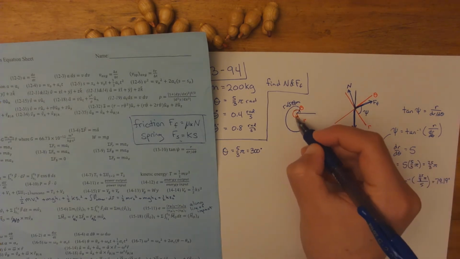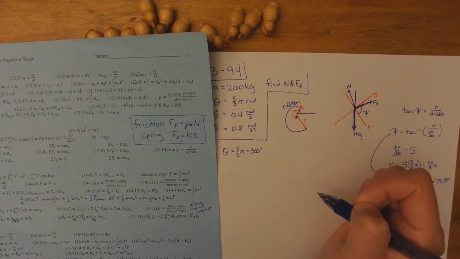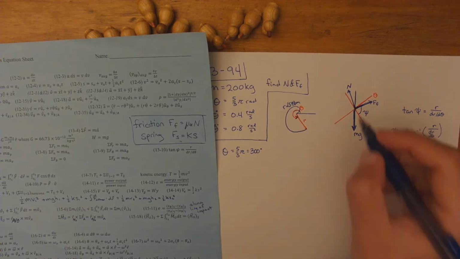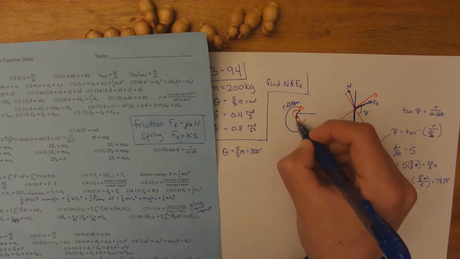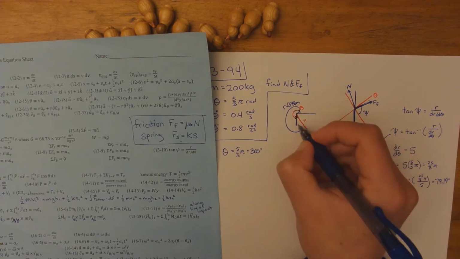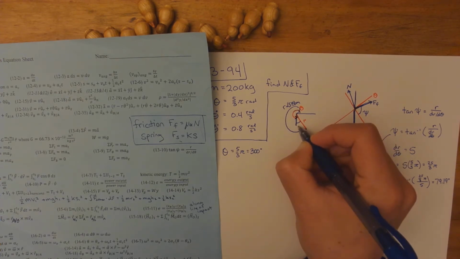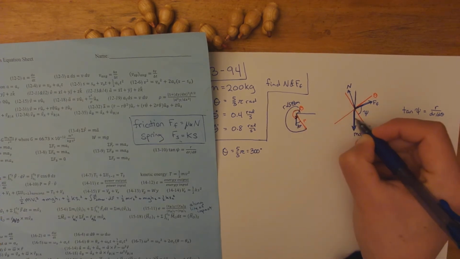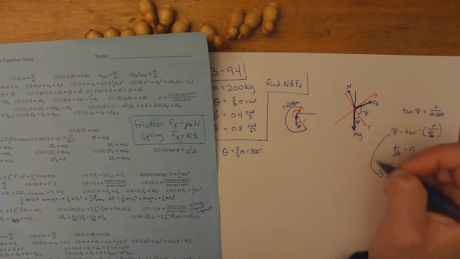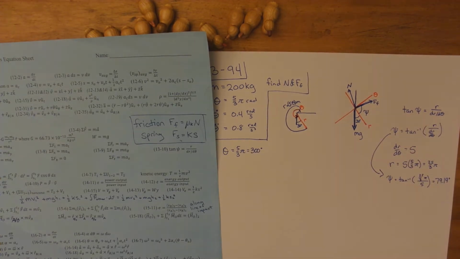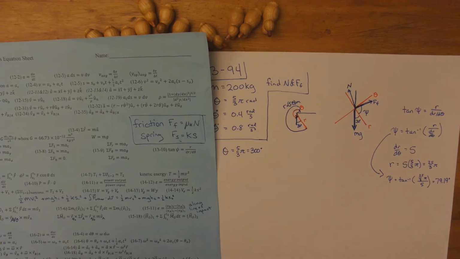So if this is 300 degrees, then I know from here to here is 270 degrees, so this angle here would be 300 minus 270, that would be 30 degrees. So this angle here is 30 degrees. So now I have all the angles that I need.